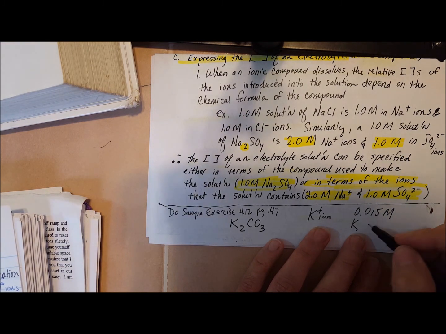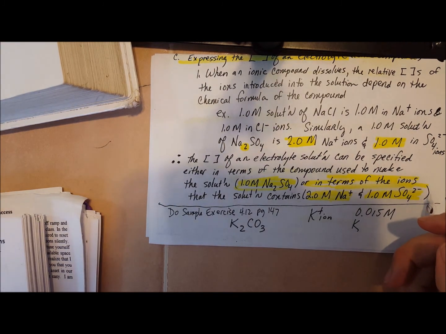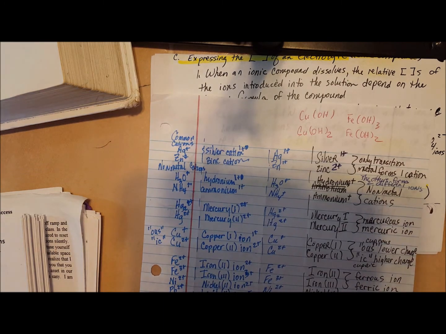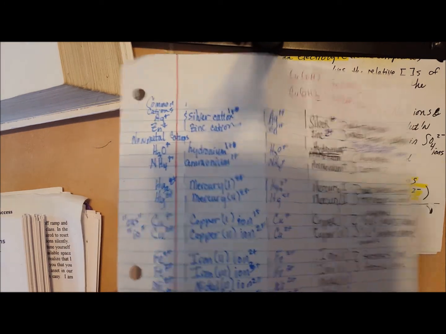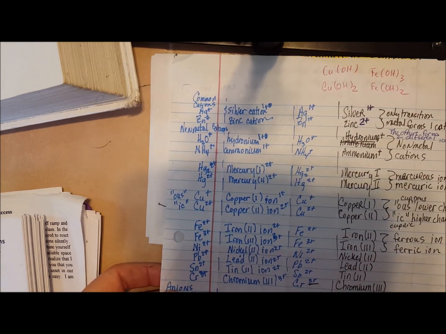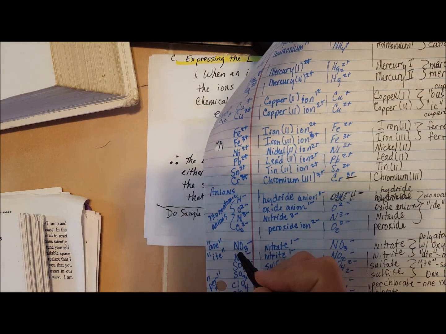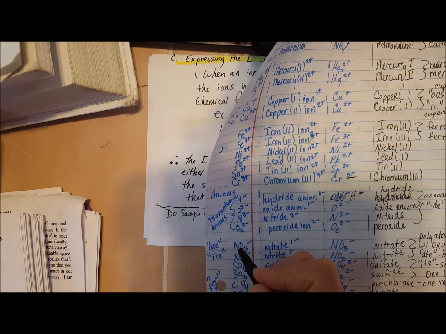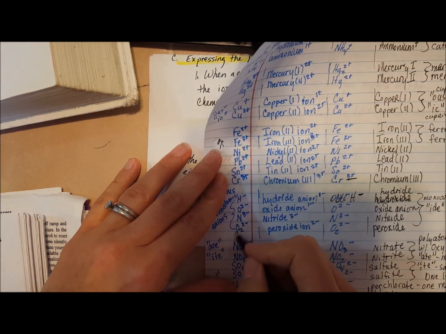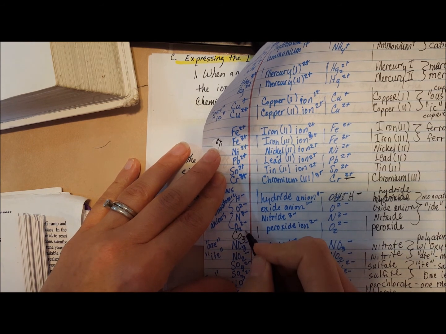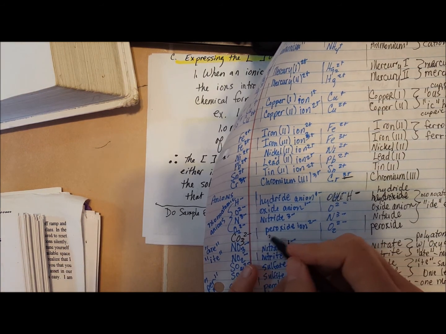Potassium has a 1+ charge, but carbonate has a 2-, and that's how you would have known that the carbonate is a 2-.